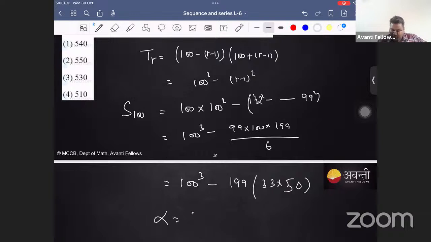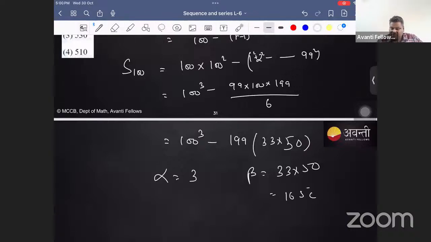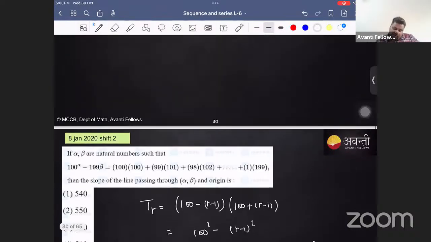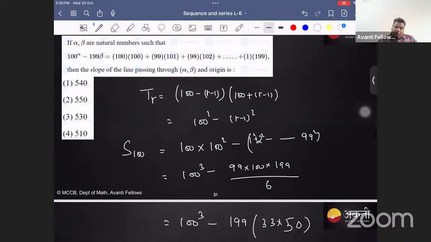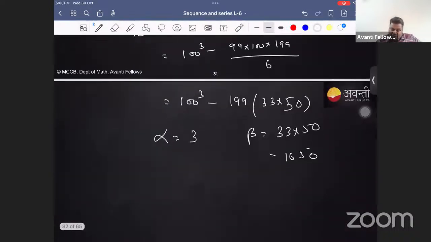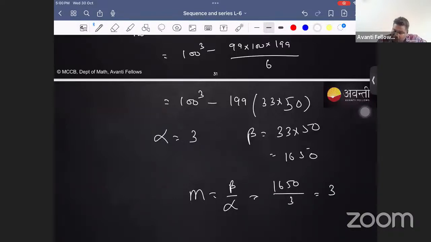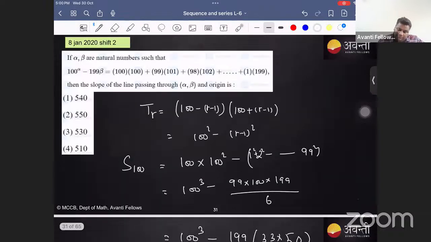Now your alpha is 3 and your beta is 33 into 50, 1650. They are asking for the slope of the line passing through alpha, beta and origin. So the slope will be what? Beta upon alpha. So 1650 upon 3, that is 550. This is it.